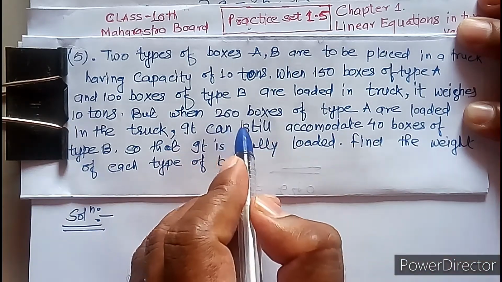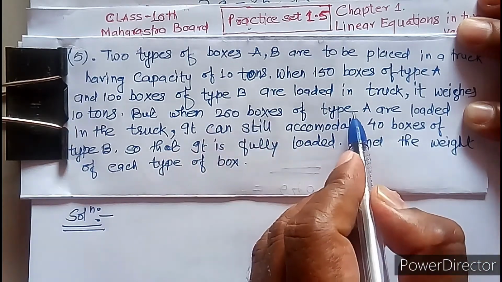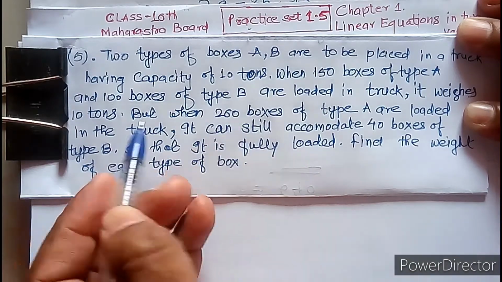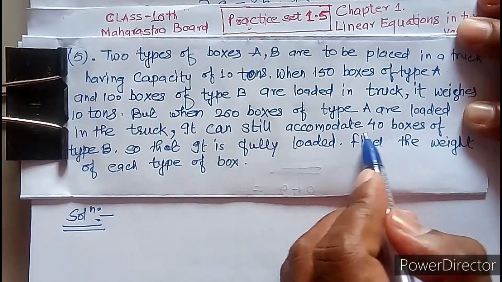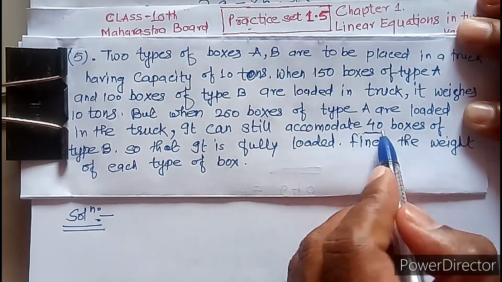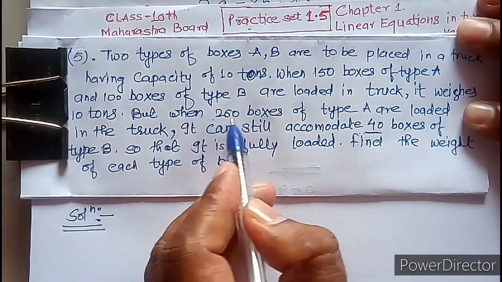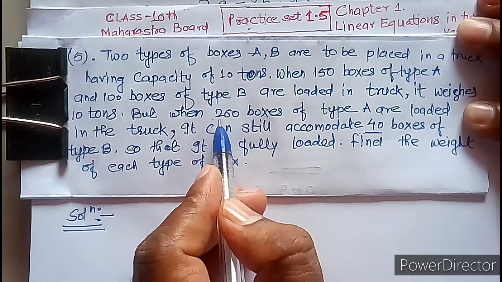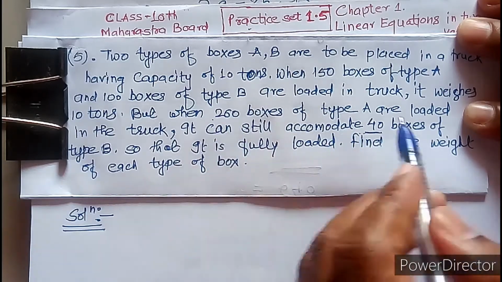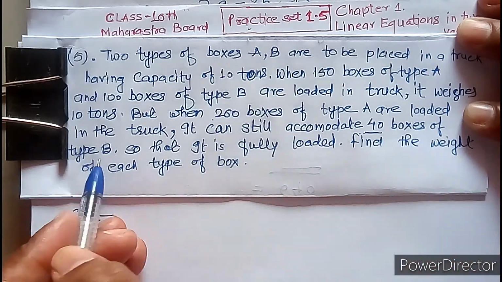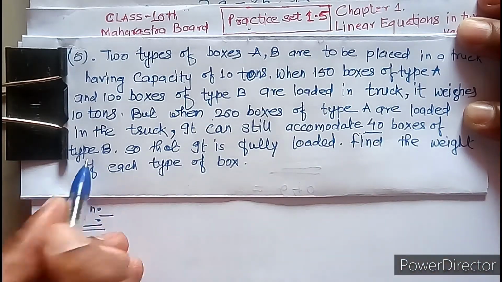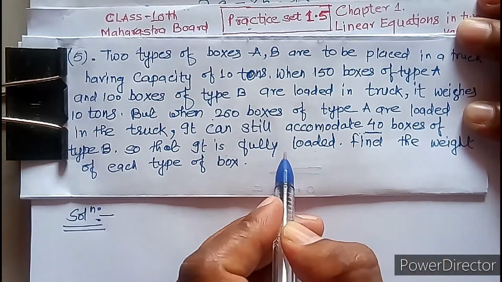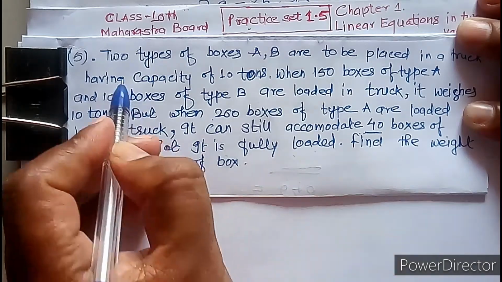Thus space remains for only 40 boxes of B type. Means after keeping 260 boxes of A type, you can keep only 40 boxes of B type. This is the second condition. The full loading capacity of this truck is 10 tons.